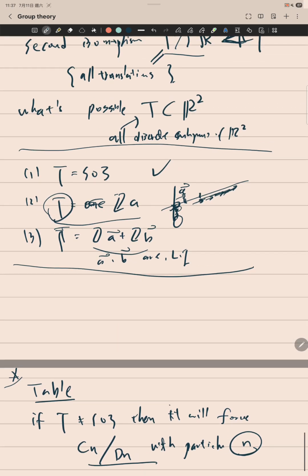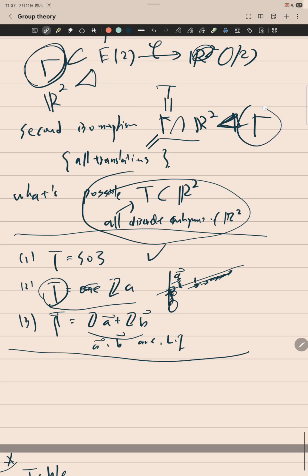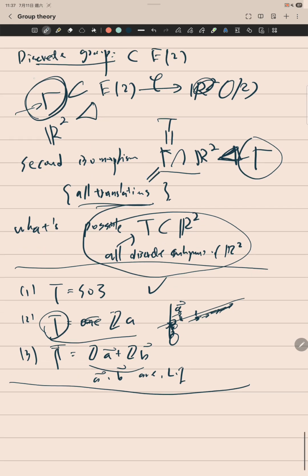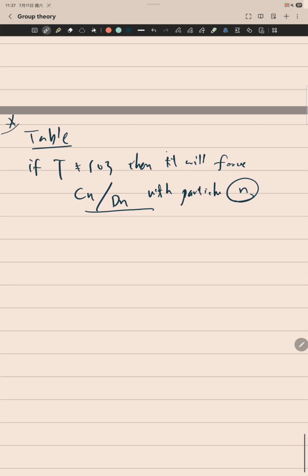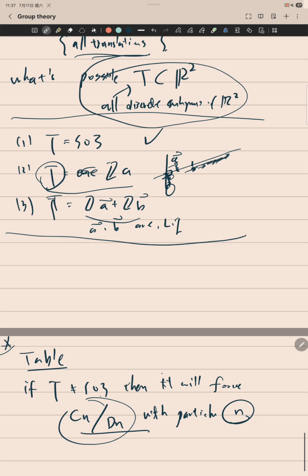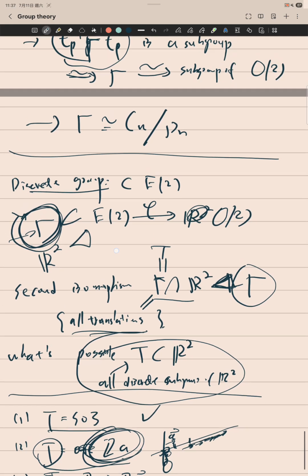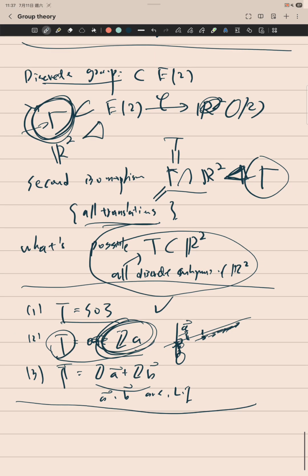This shows us that if you have a non-trivial discrete translation subgroup of the original group, then you are not allowed to do arbitrary rotations in this gamma. You must have particular ones. If your T contains some lattice, this plays an important role in the so-called crystallographic symmetry, and we will do it in the next videos.